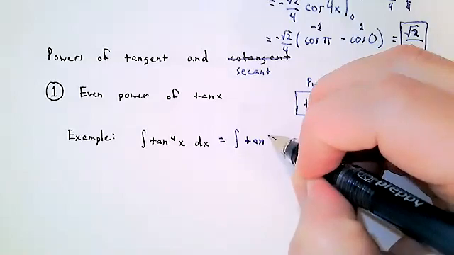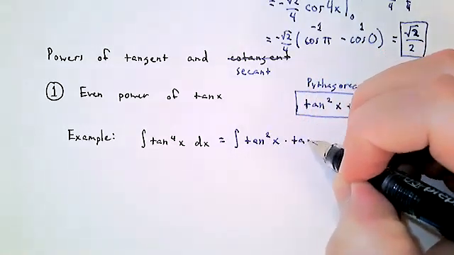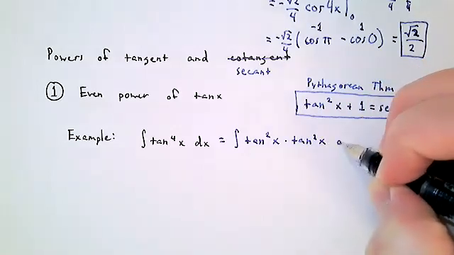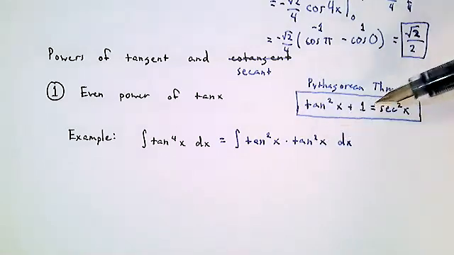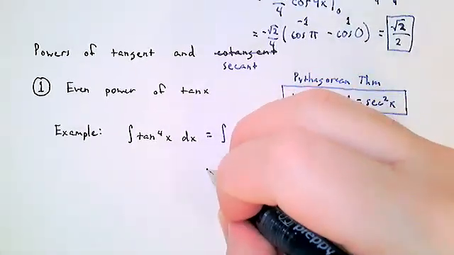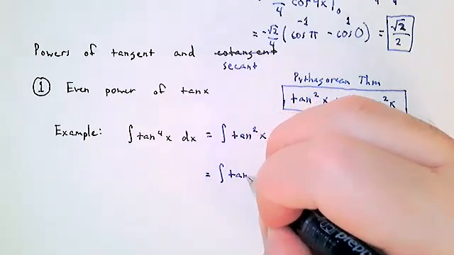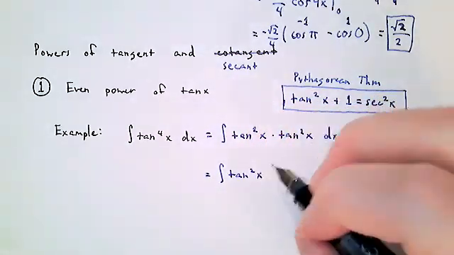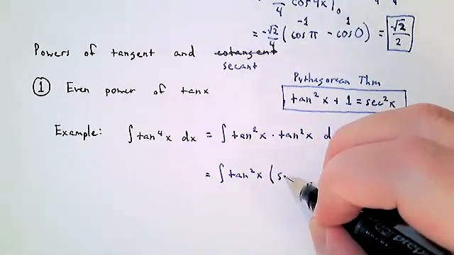It's going to help us with a u substitution. So tangent squared is going to be secant squared minus 1, moving this 1 to the right side of the Pythagorean formula. So leave the first tangent squared there, and the second one becomes secant squared minus 1.